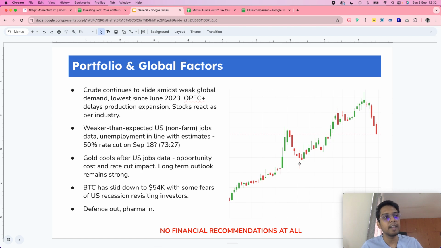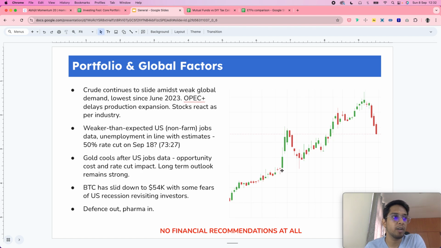On the right hand side, you see the chart of one of our portfolio stocks, which is Oil India. And as crude prices have slid, the stock price has been hammered. We bought it somewhere around here, maybe after this uptick, and it continued to slide. After that, we were in negative. Then it regained momentum.